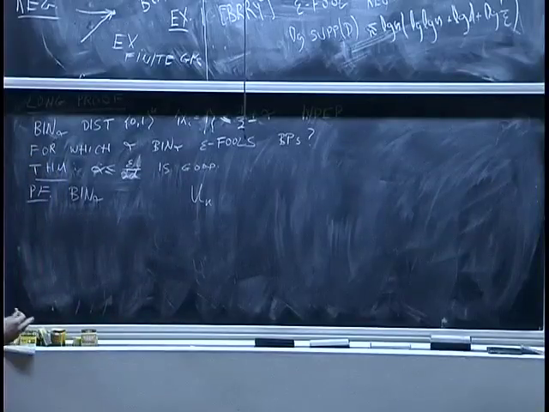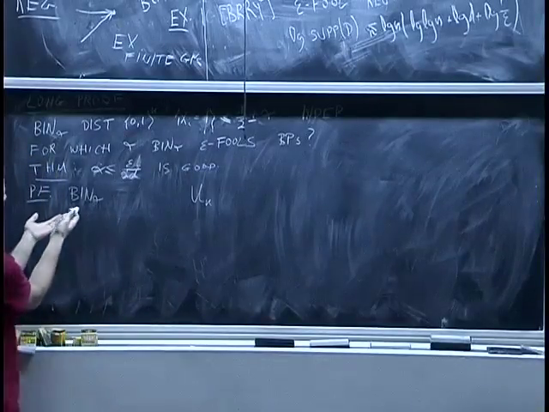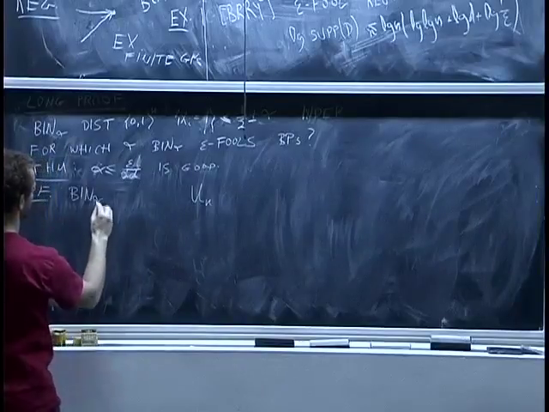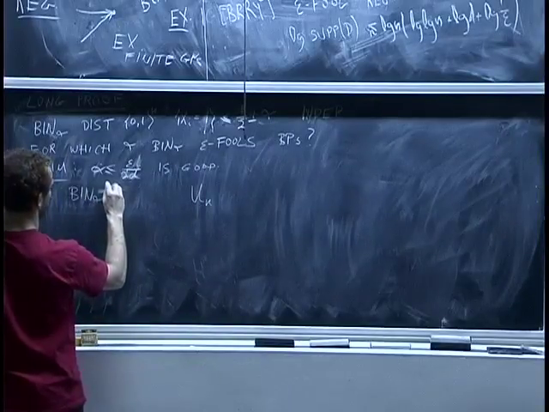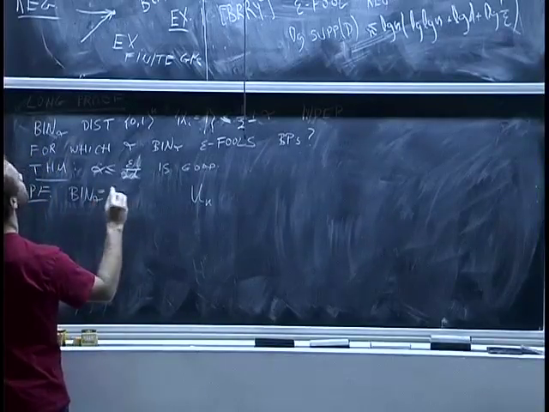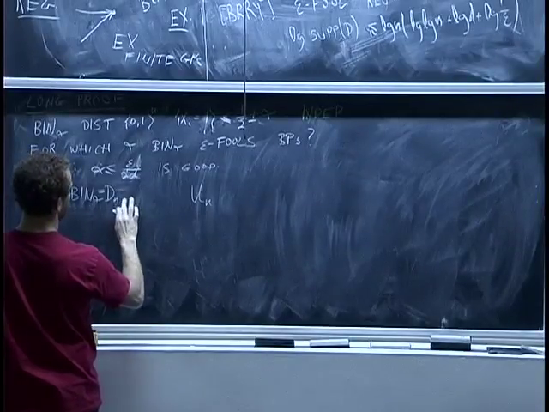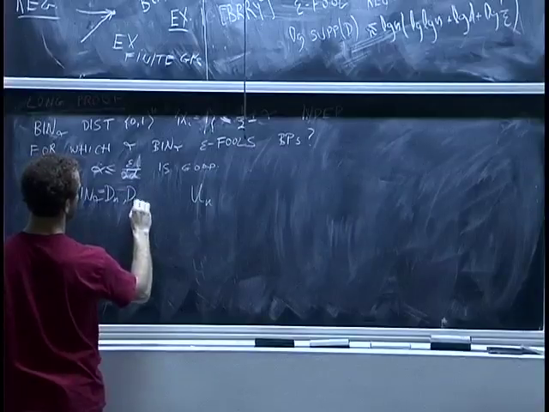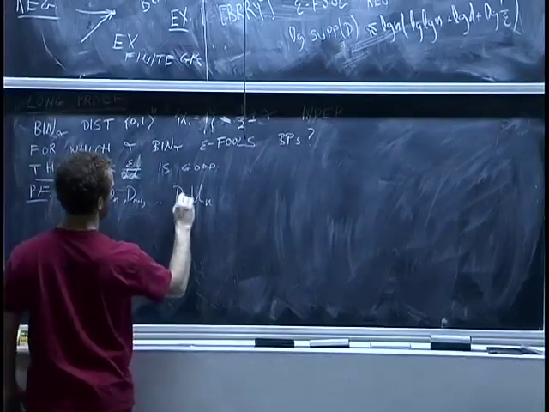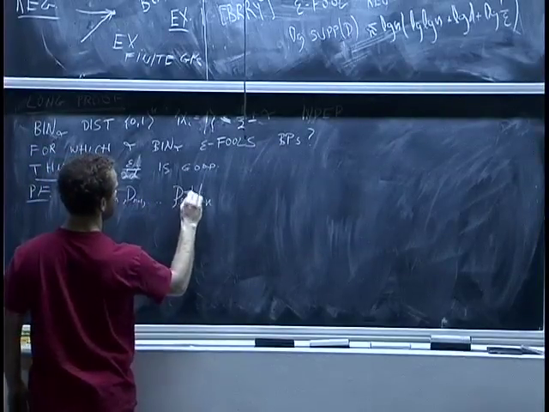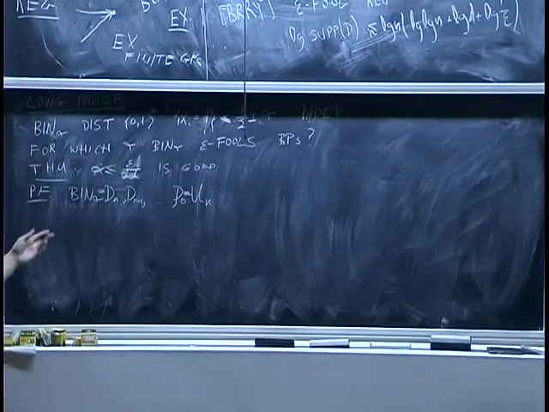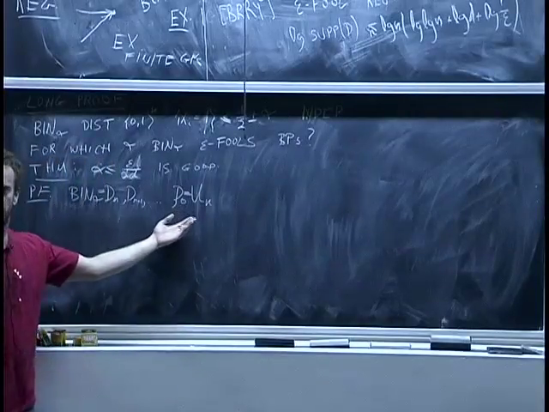So the hybrid argument gives us a way to relate this. We'll define this to be Dn, and then we'll define Dn minus 1. We'll define a sequence of distributions.